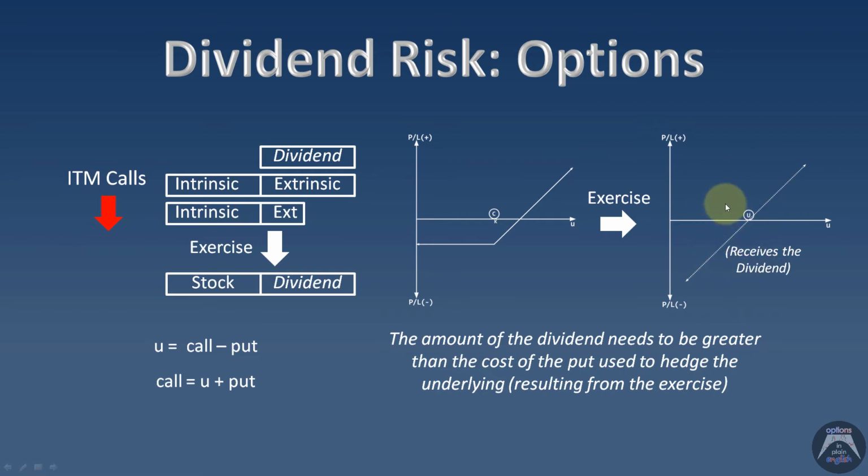Now, if the put that you need to add costs you less than the dividend that you're going to get, then you're in a better situation because you're going to pay less for the put, and then you're going to get the dividend, which is more. So you're going to get a difference in your favor, and you're going to have the exact same position that you had before.